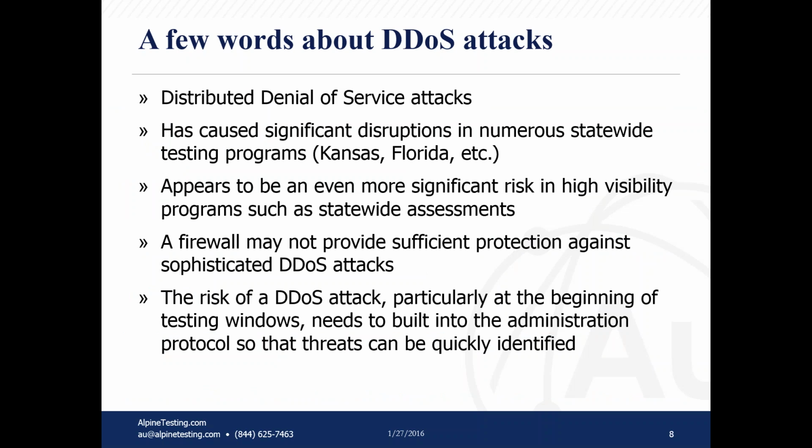So these DDoS attacks are distributed denial of service attacks. And basically what they're doing is you've got some sort of malicious party who has decided, for whatever motivation they may have, that they're going to try to disrupt the administration of the test.